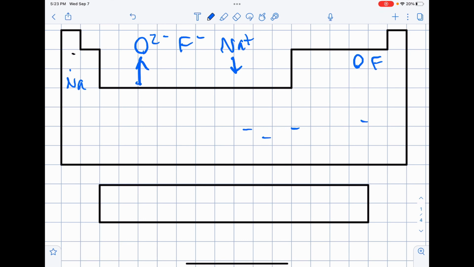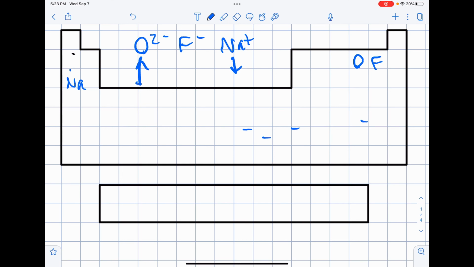So it's going to be big down here and little up here. Generally, it's going to go this way. So why is that? Because as we go down the group, we get more shielding. As we go across the row or period, we are going to get more protons to help attract everything closer into the nucleus. So with that in mind, silicon is going to be our biggest radius.